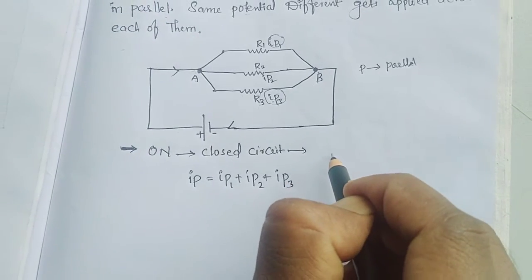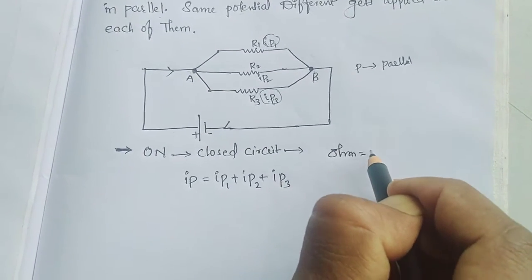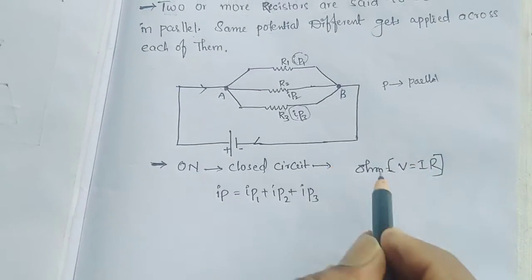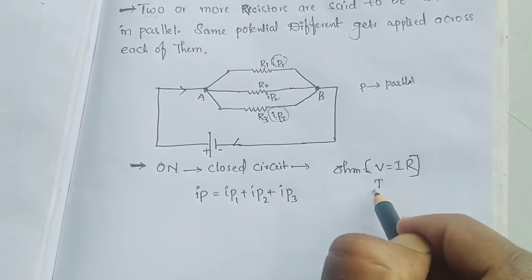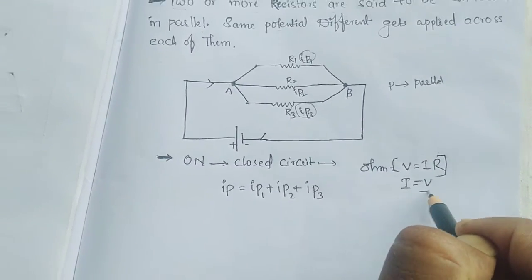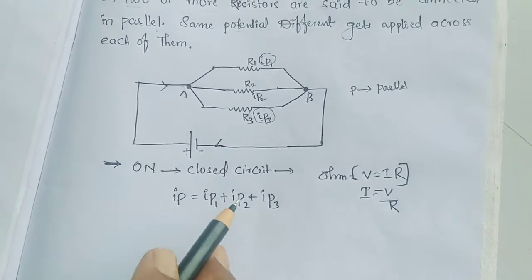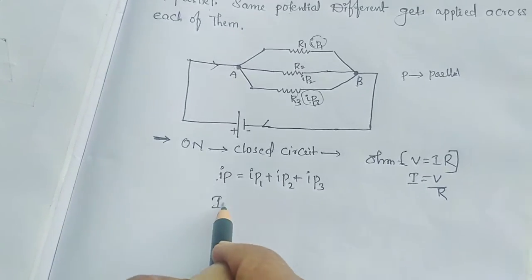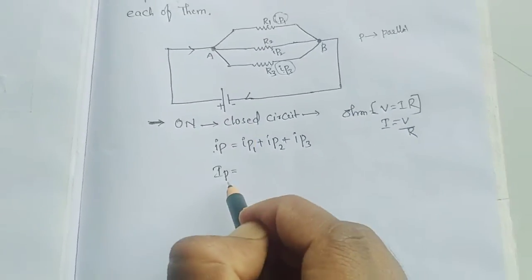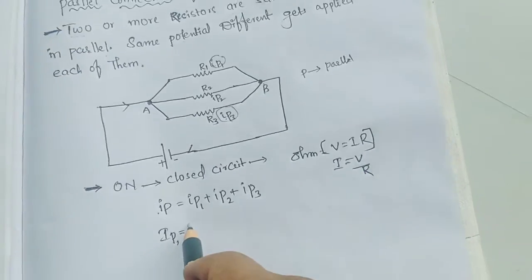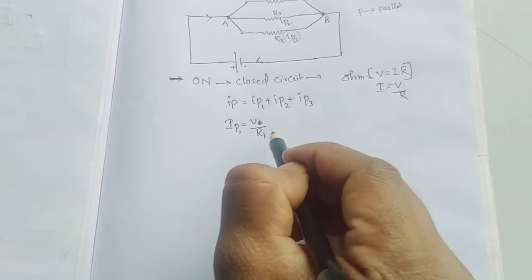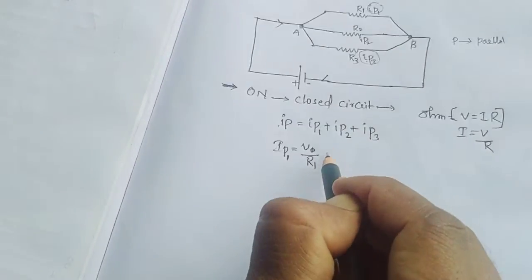As you know, from Ohm's law, V is equal to I into R, so I is equal to V by R. So from this equation, IP1 is equal to V by R1.